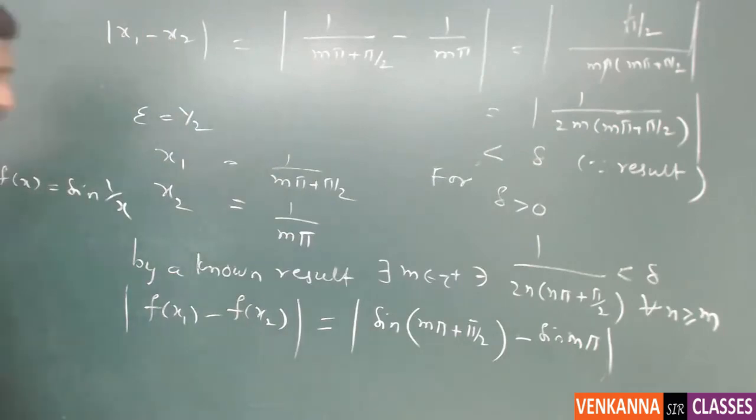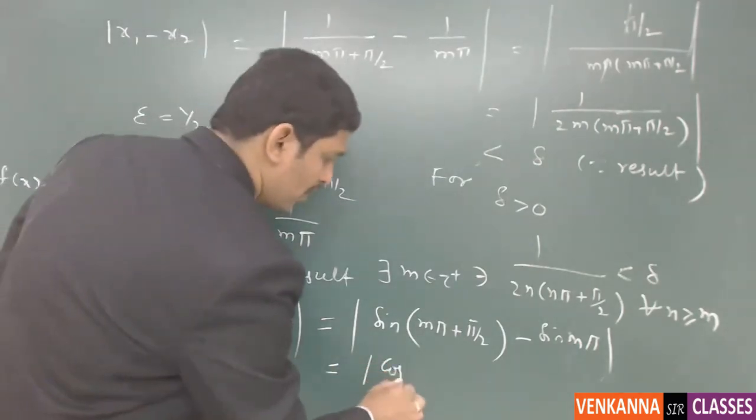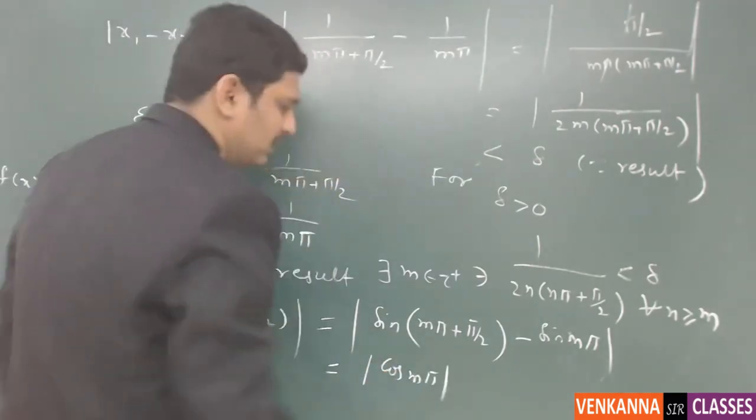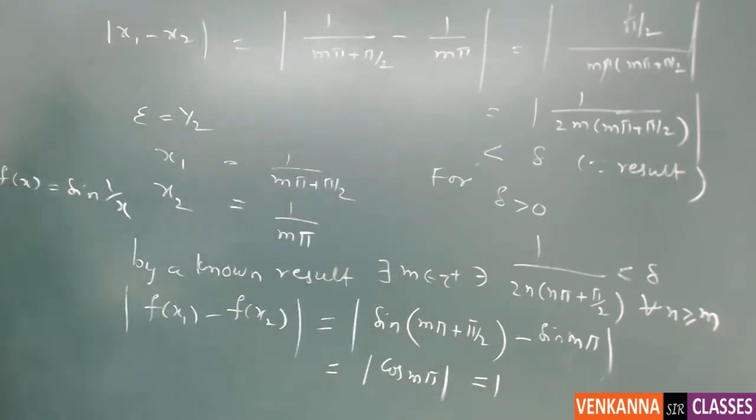So this is nothing but the modulus of cos m pi, which is equal to 1. Accepting the trigonometric part, because sine m pi is 0 and sine of m pi plus pi by 2 is nothing but cos m pi, just like sine of 90 plus theta.